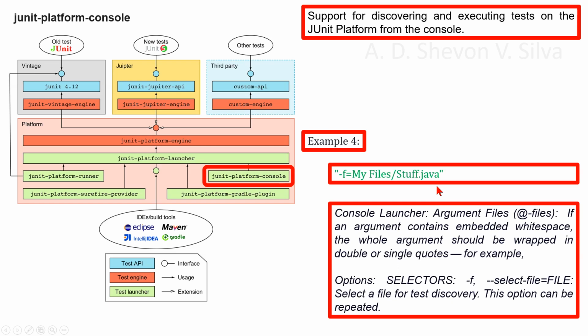If the argument file does not exist or cannot be read, the argument will be treated literally and will not be removed. This will likely result in an unmatched argument error message. You can troubleshoot such errors by executing the command with the picocli.trace system property set to DEBUG. Multiple @files may be specified on the command line.